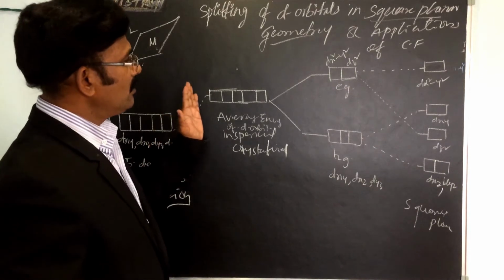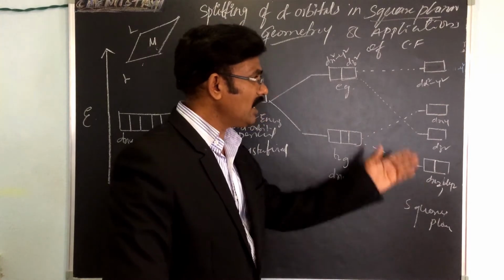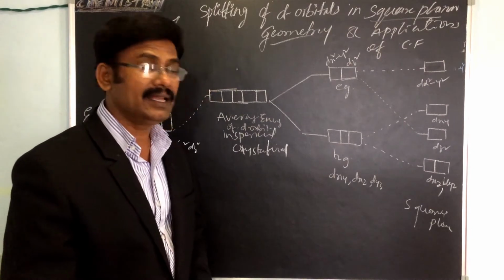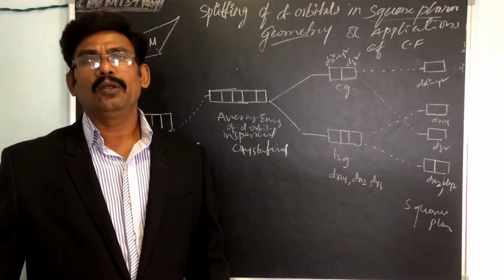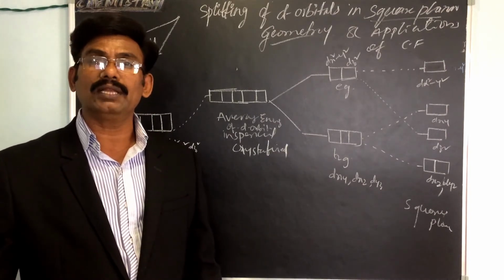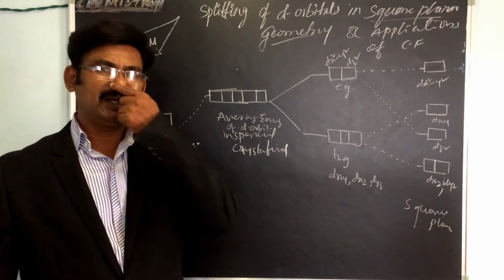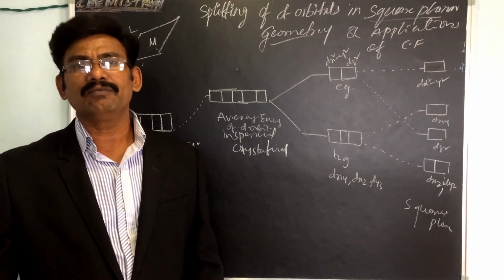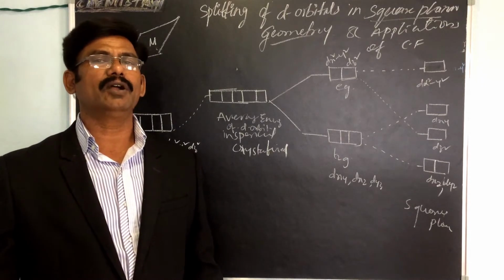Then the splitting takes place into dx square minus y square, dxy, dz square, and dxz and dyz. Now the main thing is that we have to know one simple example of the splitting pattern of the square planar d orbital diagram.